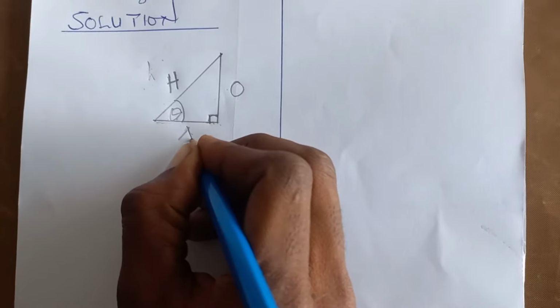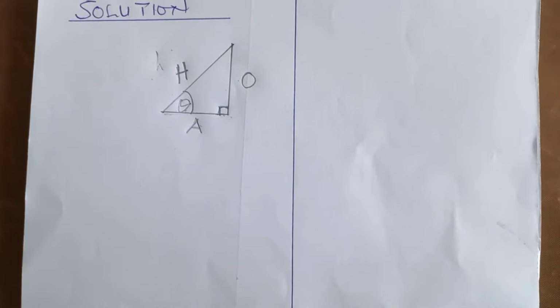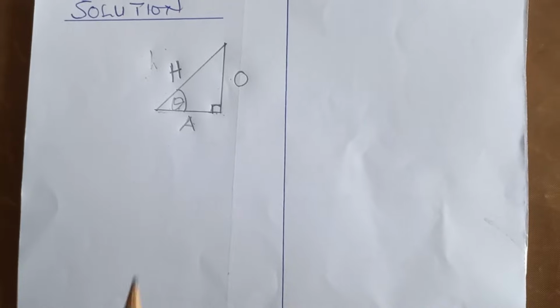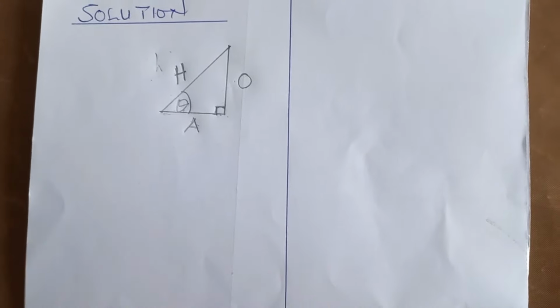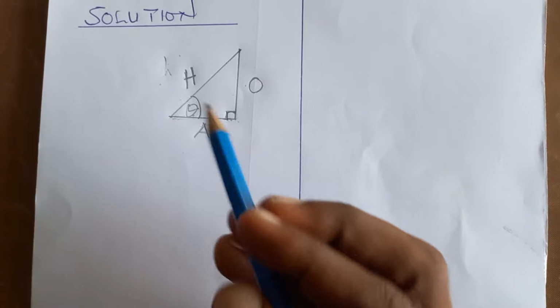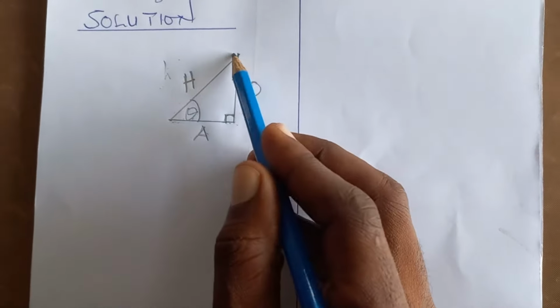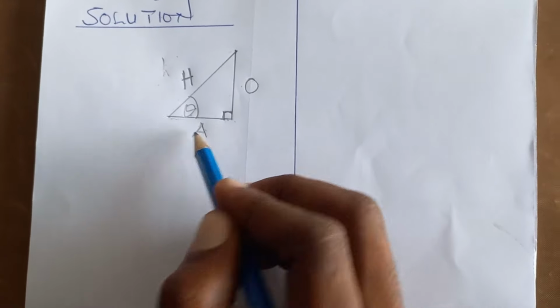So let's take A to represent adjacent. So now we have been able to name the sides with a given angle, say theta. This is our hypotenuse, this is our opposite, and this is our adjacent.